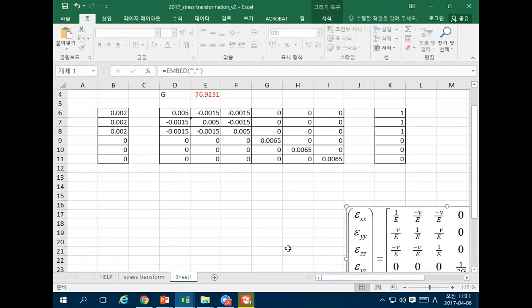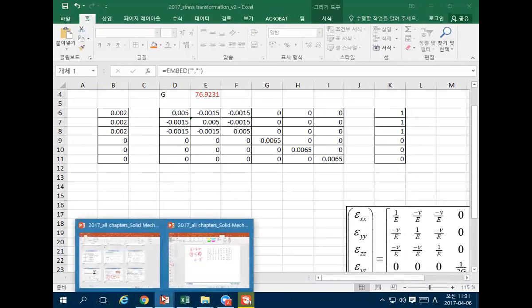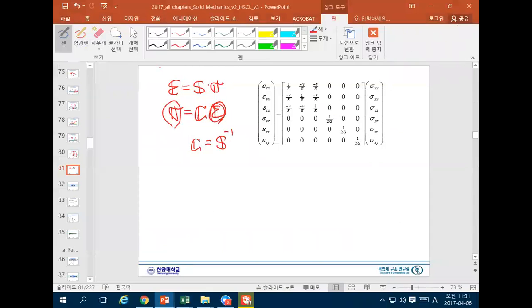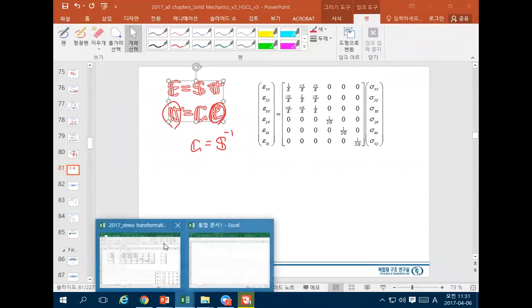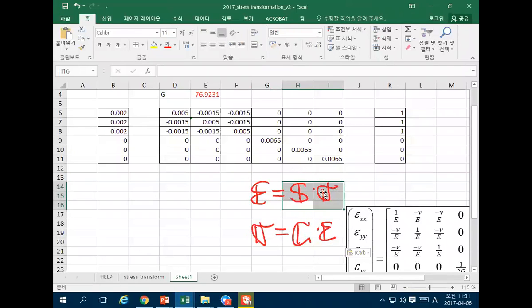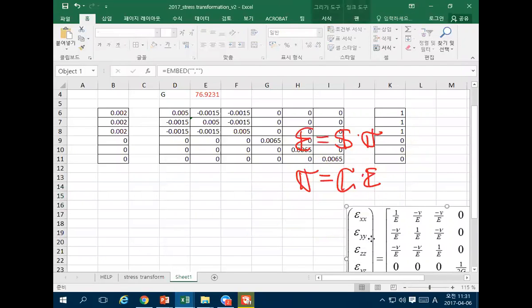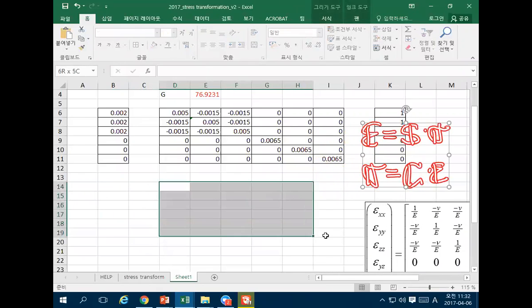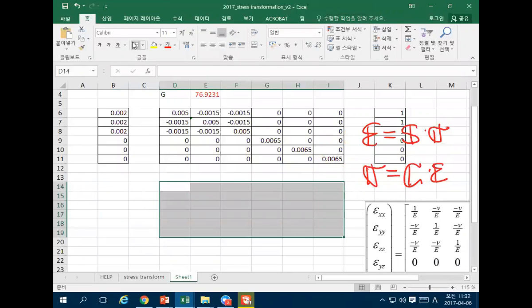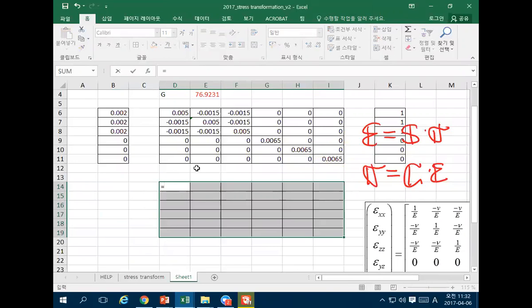So how to make the inverse? Well, let's select this much, 6 by 6, and equal matrix inverse of the S matrix.